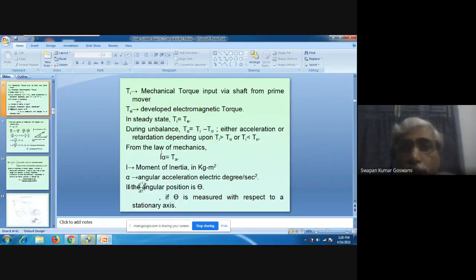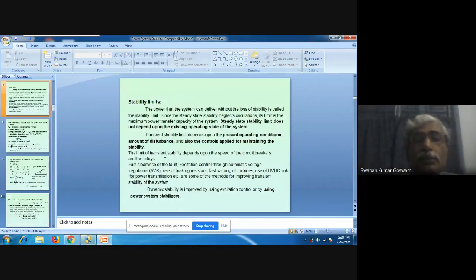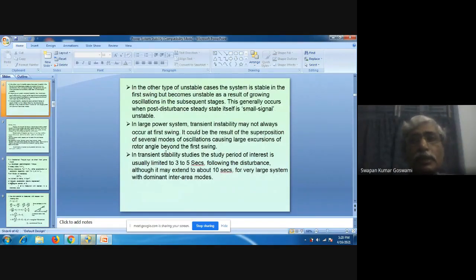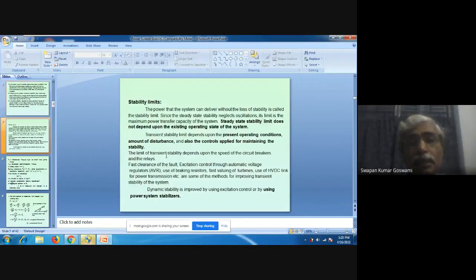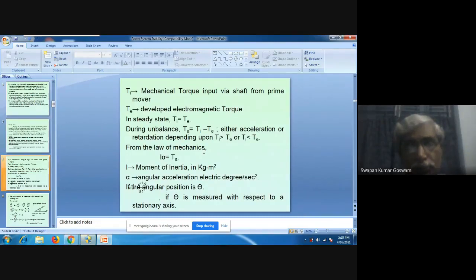All these discussions we have made only to give you some idea regarding the difference between the steady state, dynamic, and transient stability problems. And now let us enter into the analysis of the stability problem. We shall now be developing a model to represent the dynamics of the generator rotor.